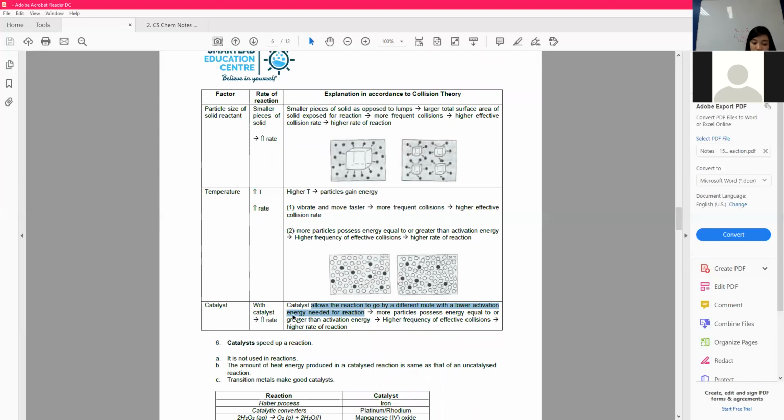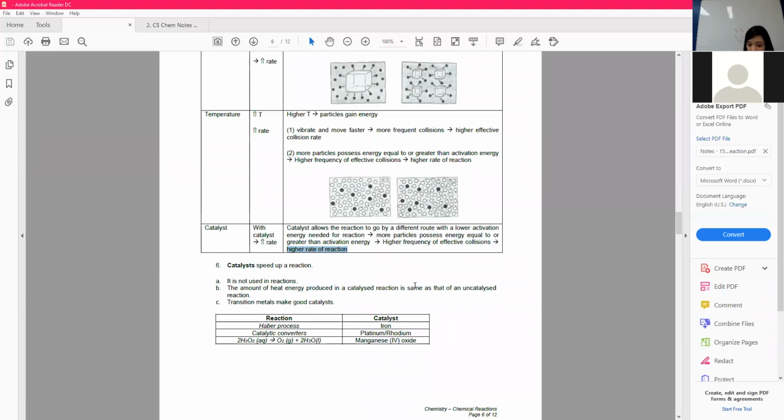So more particles will have that lower energy, equal to or greater than the activation energy. Again, a higher frequency of effective collisions and a higher rate of reaction. All these factors will affect the gradient, how steep the gradient is. So far okay?